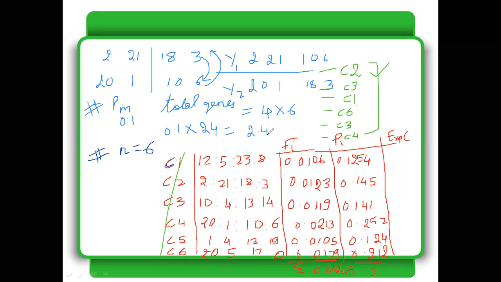I can approximate it to be 2. So it means any 2 genes of any individual in my population can be changed. That can be from the previous old population or from the newly generated offsprings. That is totally a random replacement.